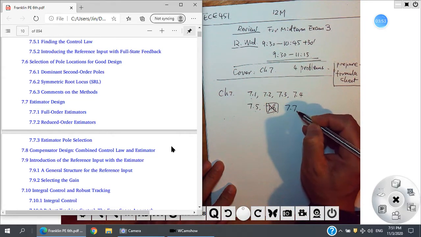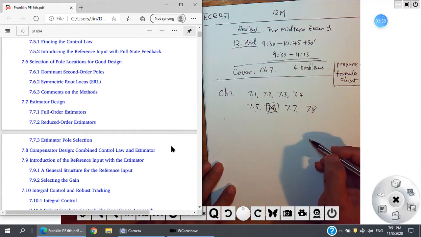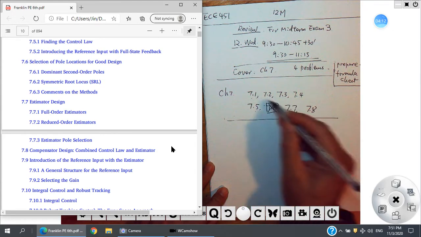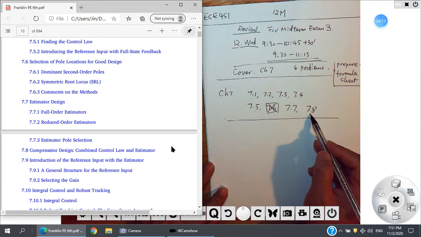And 7.8 combine the controller and estimator. We can use the output of an estimator and add a feedback based on that. And 7.9, no, we just have these. So we have sections 1, 2, 3, 4, 5, and 7 and 8 of chapter 7.